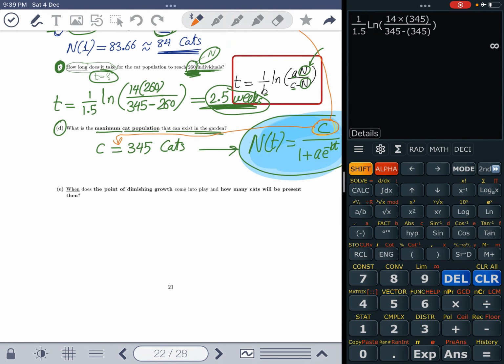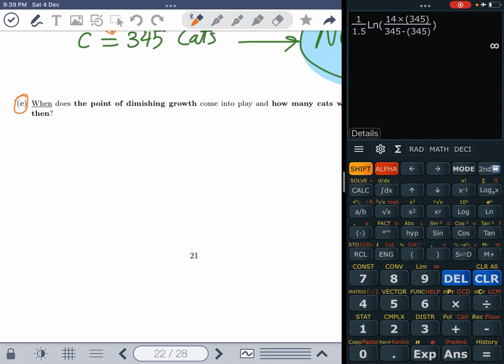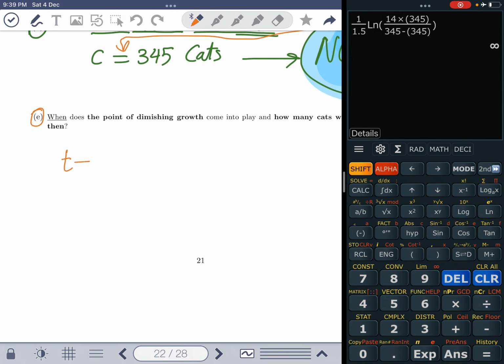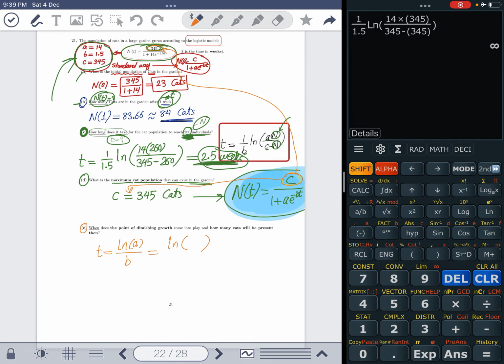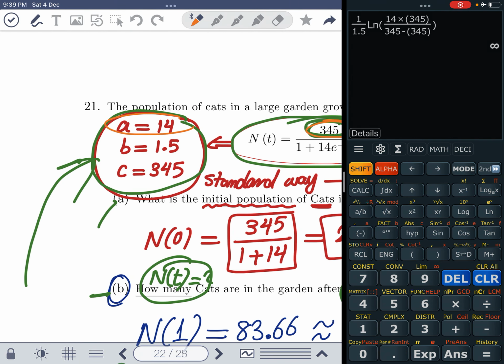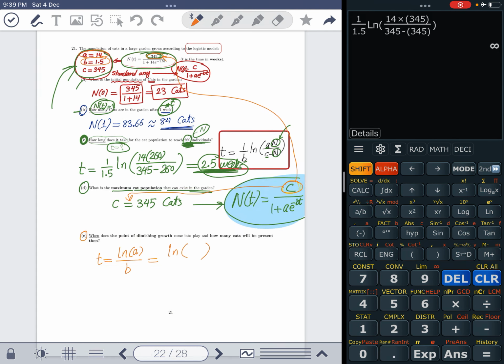Okay, and the last thing is, when does the point of diminishing growth come into play and how many cats will be present then? Remember, the point of diminishing returns, or diminishing growth, happens when you have ln A over B. What was A for our function? It's 14, and B is 1.5, remember, 14 and 1.5.